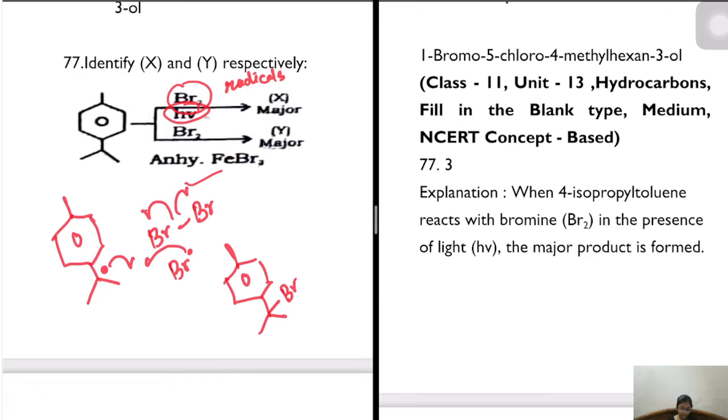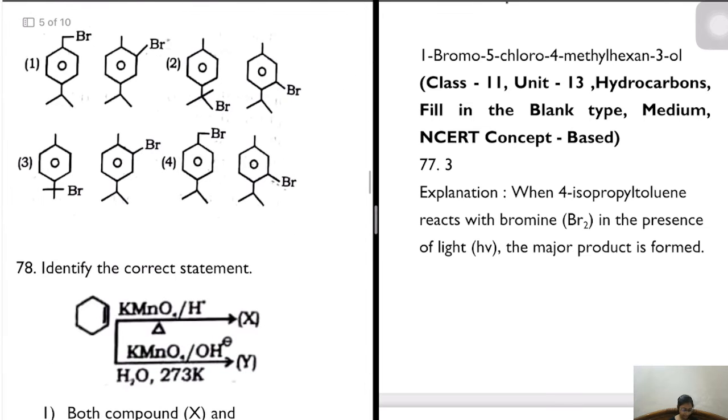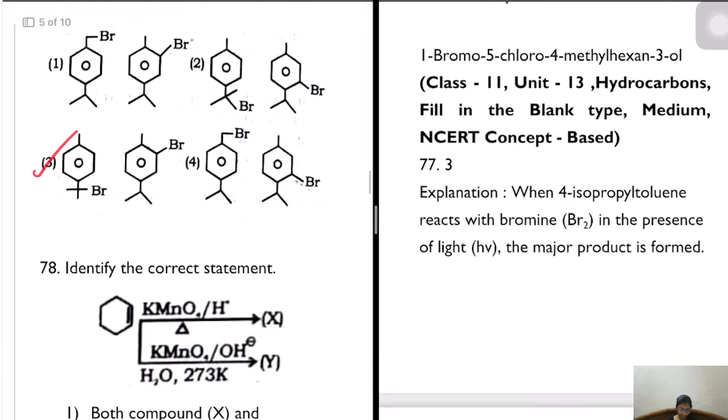Okay. And this is electrophilic aromatic substitution. This is easy now. The product we'll have at ortho and para, but the para is already occupied. So we'll have the product at ortho. Alright. Which option matches? This. So this would be the correct answer.